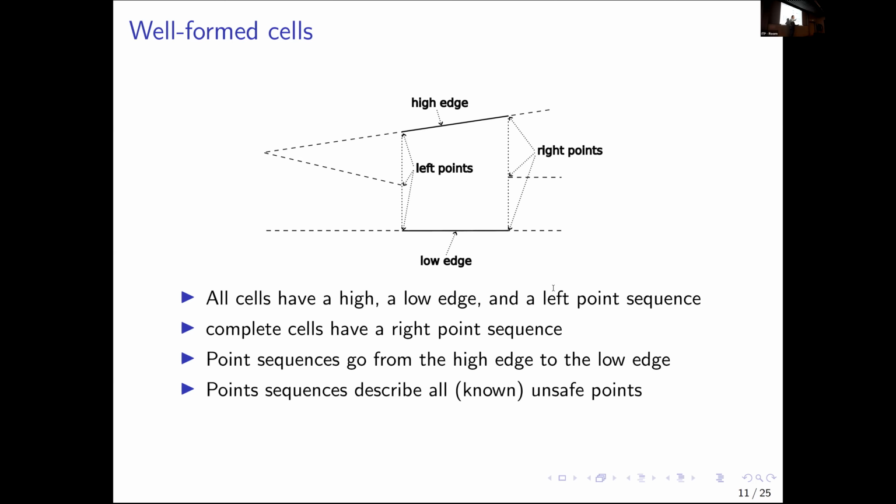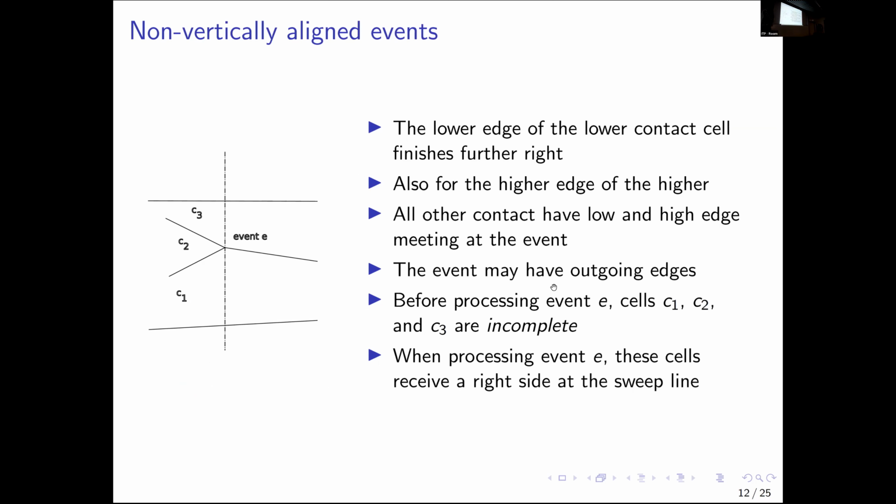Because I rejected vertical edges, the unsafe points are always isolated, so they are the ones on the top and the bottom. But if there is another edge that terminates here, for example, then you would have an extra left point in the middle. These sequences of points, I maintain them as ordered in the vertical direction.